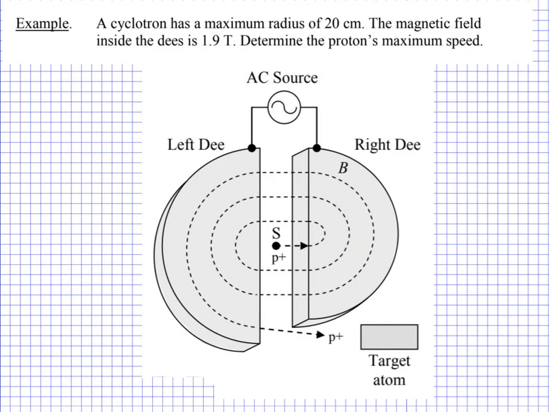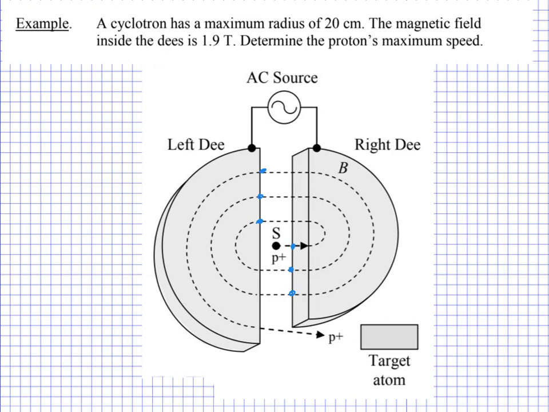So each time the particle enters the gap between the Ds, it experiences an acceleration and it speeds up. So at this point here, it's going quite slow. At this point here, it's going even faster, even faster, and faster.